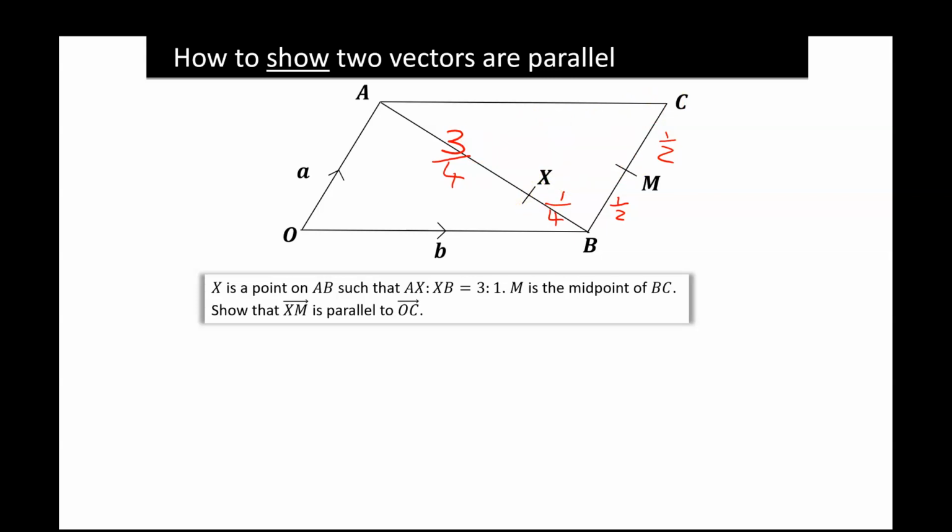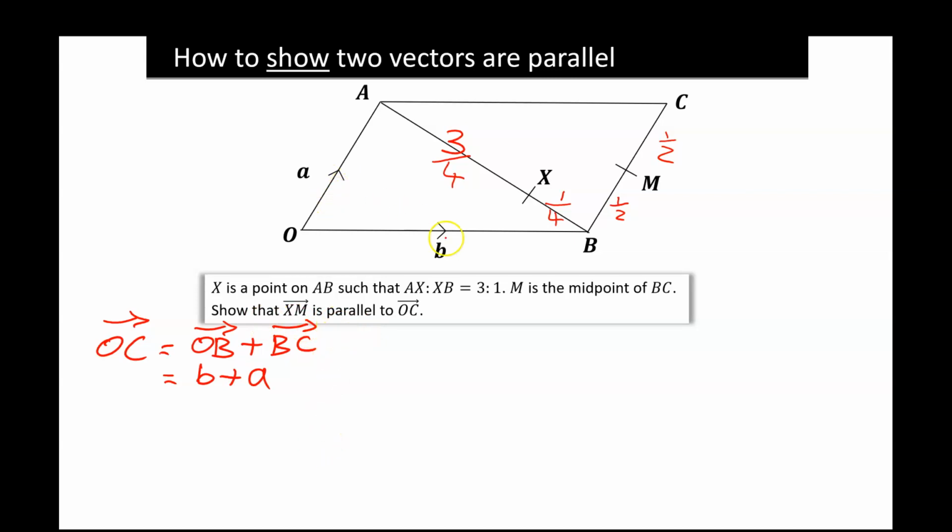Right, well, let's work out what OC is to start with. So we can get to OC by doing OB plus BC, which is basically B plus A. Okay, fairly straightforward because obviously it's a parallelogram.